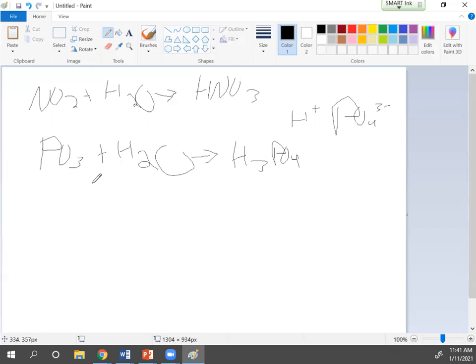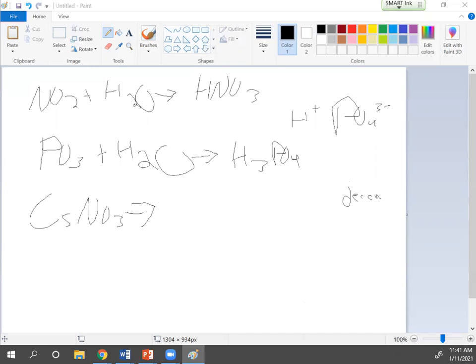Another one. Let's go with cesium nitrate, arrow. Synthesis or decomp? Decomp. So now I'm going to need to go looking through my PowerPoint, my notes.